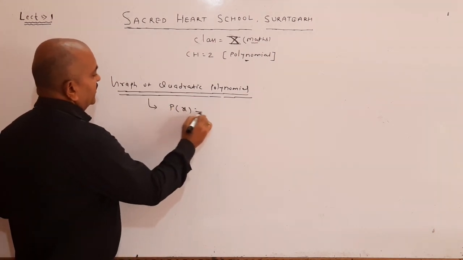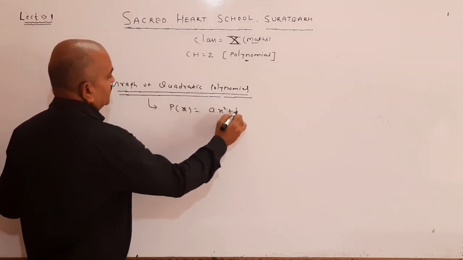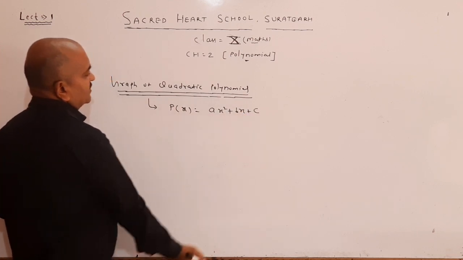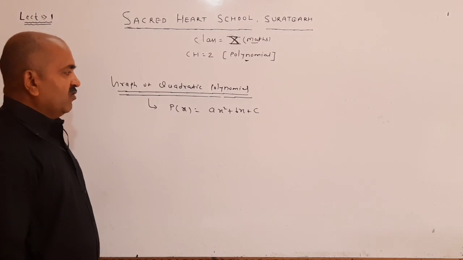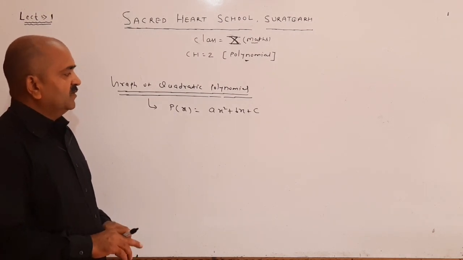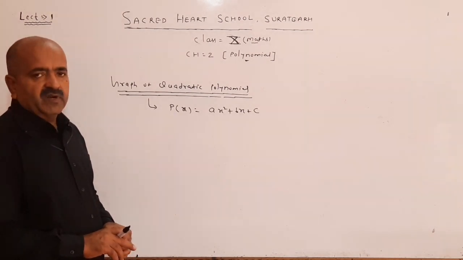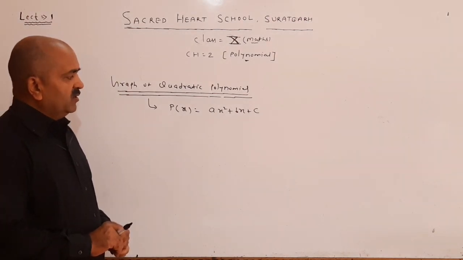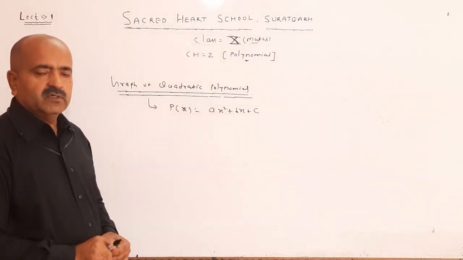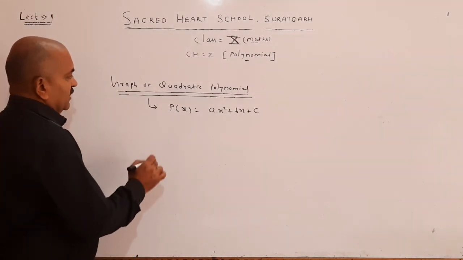A quadratic polynomial is of this type, ax squared plus bx plus c. Students, there are two types of graph of a quadratic polynomial: open upward and open downward.